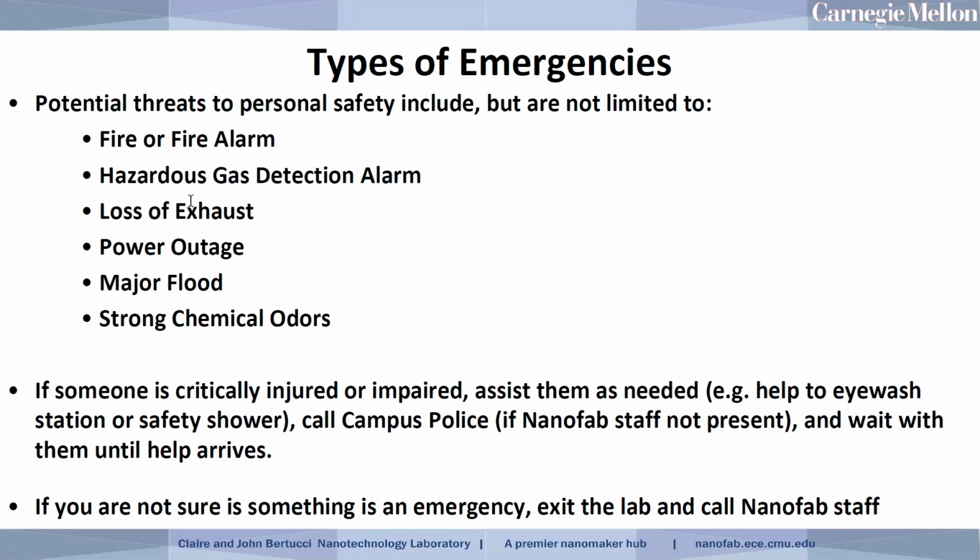We have detectors staged throughout the lab, and we'll talk a little bit about them as well as the alarm towers on the next slide or perhaps the one after. We have an exhaust alarm system set up as well that's integrated into the gas detection alarms. The final three here in this list aren't accompanied by an alarm, so you just have to know that these are an emergency situation.